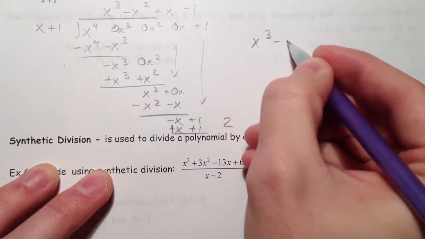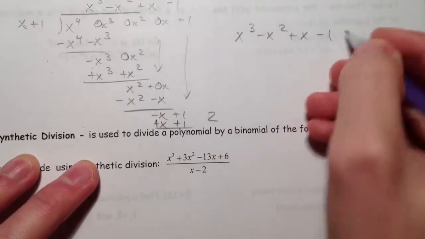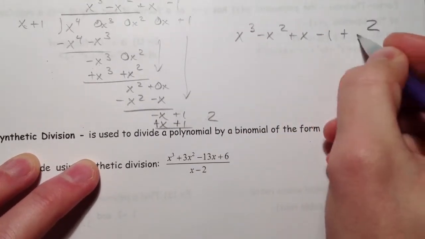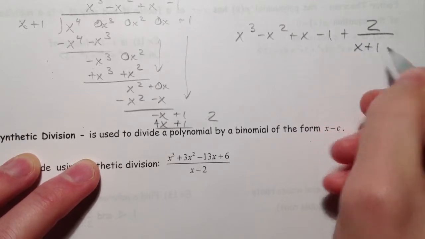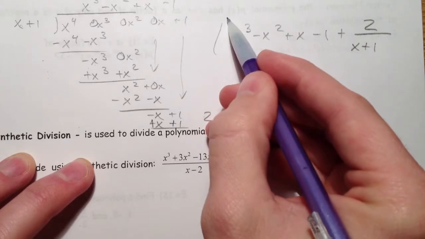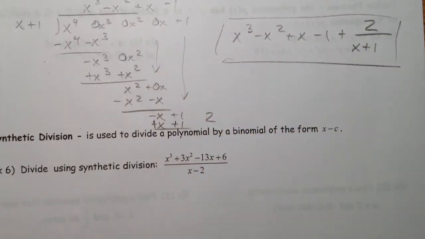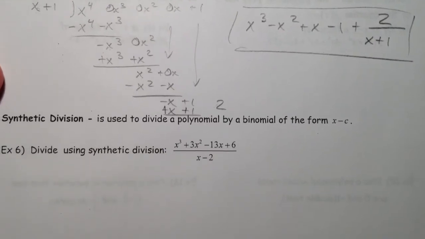So x cubed minus x squared plus x minus 1 with a remainder of 2. So I'm going to add 2 over what I couldn't divide by, x plus 1. There you have it. Now on to synthetic division.